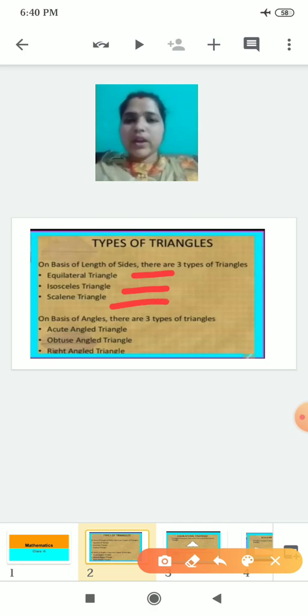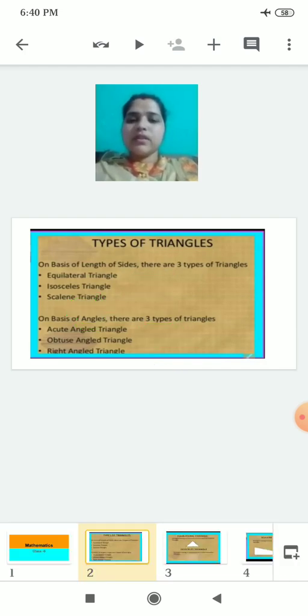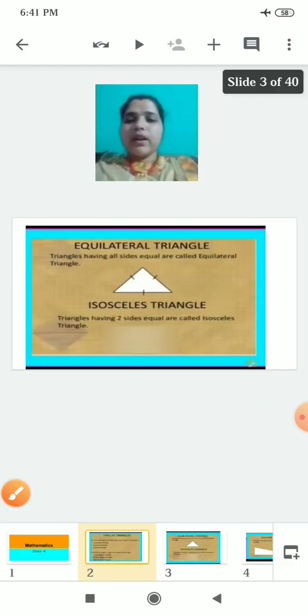These are the triangles on the basis of sides. Now we have the triangles on the basis of angles. First we have the acute angle triangle, second the obtuse angle triangle, third the right angle triangle. Okay, so we have discussed these things. Now we proceed and explain them.